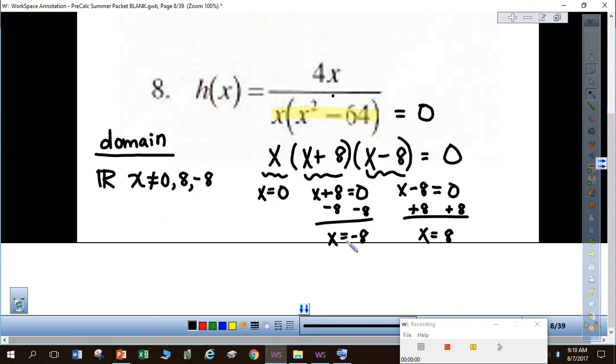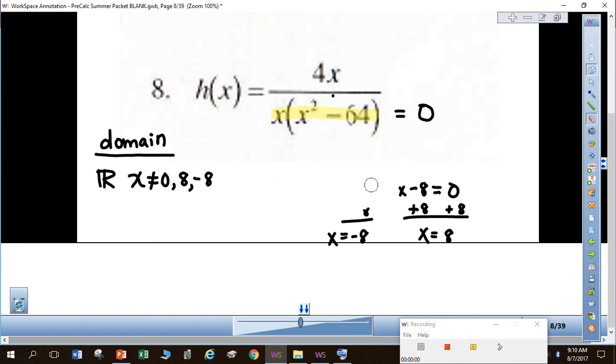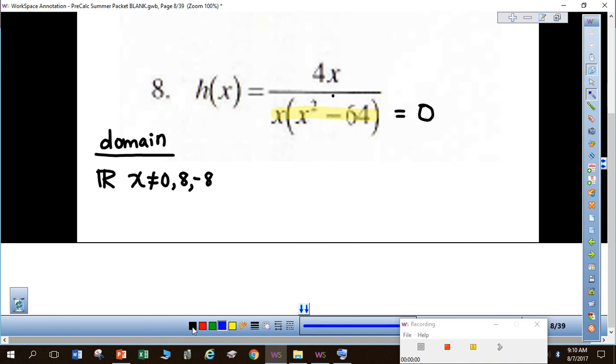Now another way that we might have found these from the very beginning, if you didn't want to take the step of factoring that as a difference of squares, you could have just set each factor equal to 0 right here.